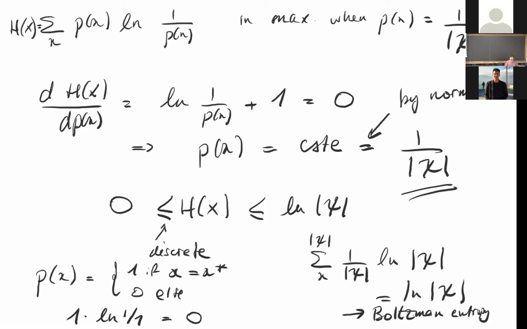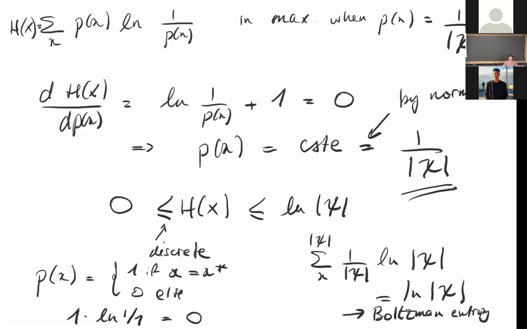Can I ask a question? For the Shannon entropy, the information content is ln 1 over p of x. Why did they choose ln? Okay, that's a very, very good question.